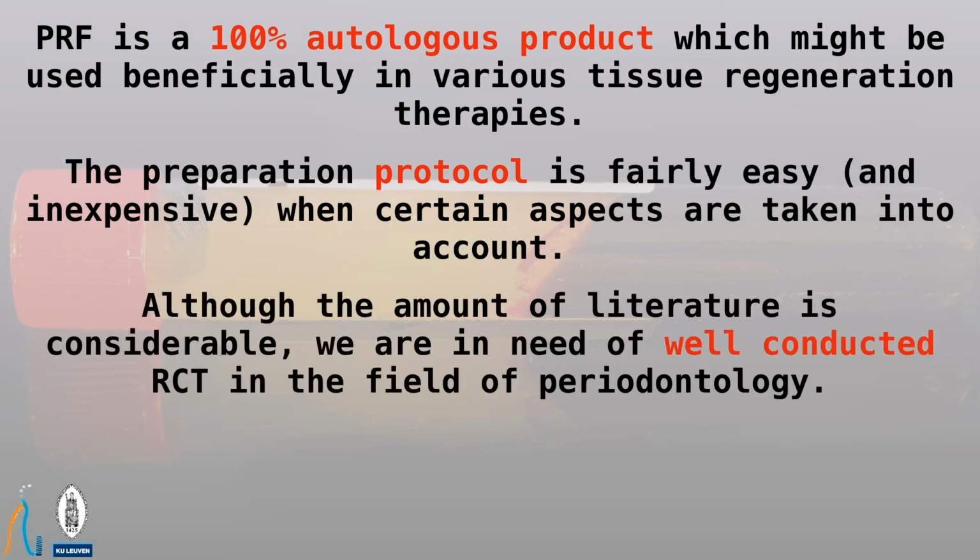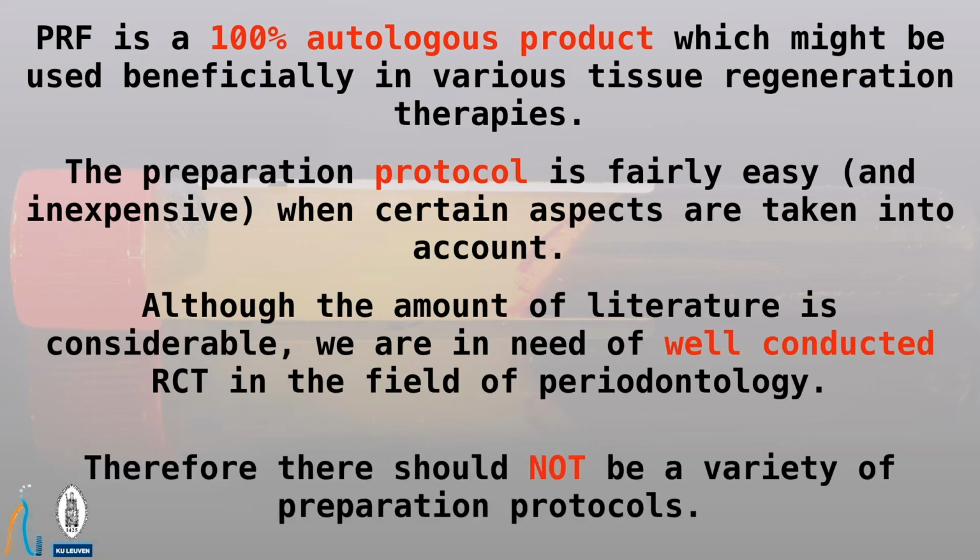Although the amount of literature is very considerable, we are still in need of very well conducted randomized controlled trials in the field of periodontology and implant dentistry. And therefore, I think we should not have a variety of preparation protocols at the moment. Why don't we stick to the original protocol so that everyone uses the same protocol, so that we are able to compare our results in studies, but also in the clinical field.